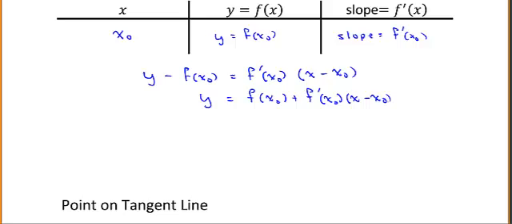All right, now let's make our estimate. We know that f of x0 plus delta x is approximately the y-coordinate on the tangent line, which would be given by this expression where the x is replaced by x0 plus delta x.